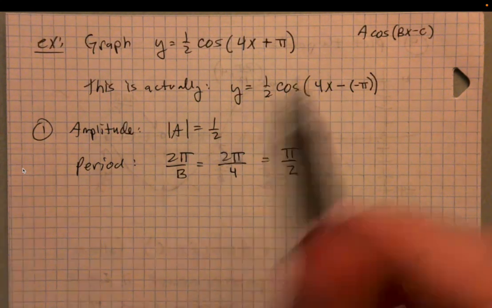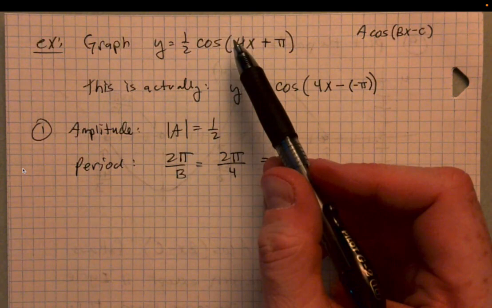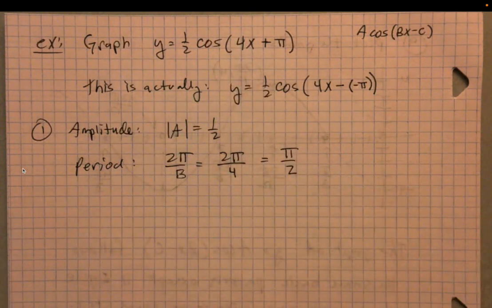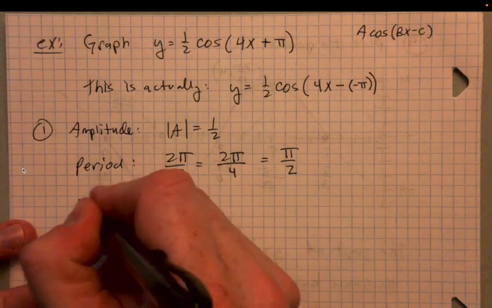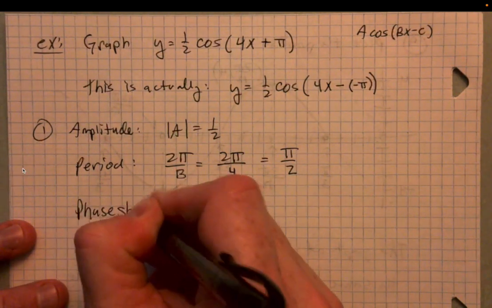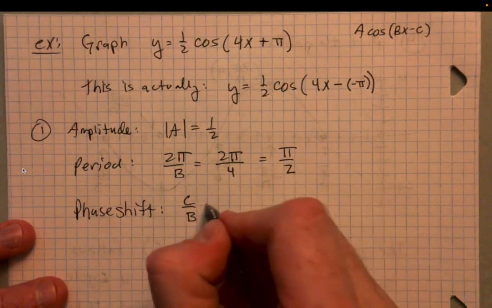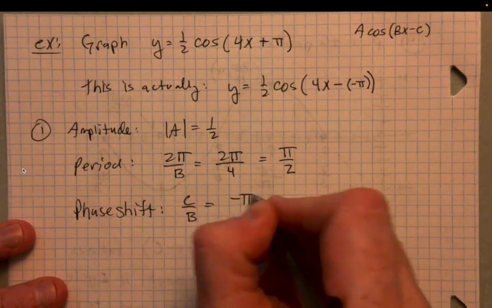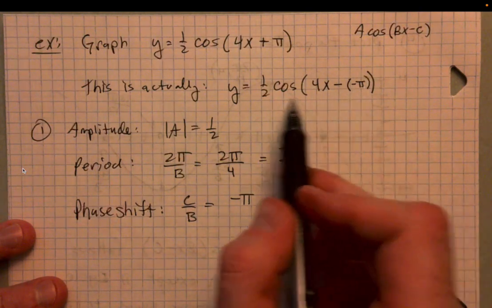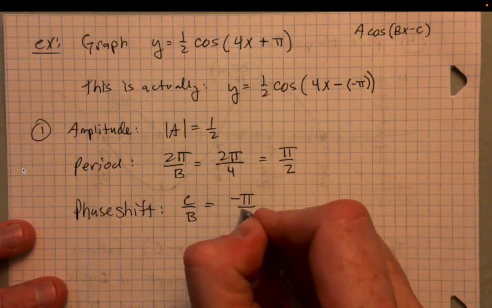This function is going to complete a period in 1/4 of the time as the normal cosine function does. What about the phase shift? Well, it's c over b, and in this case that's negative pi over 4.